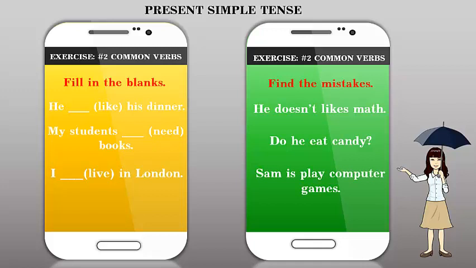For the next exercise, I want you to think of the other verbs in the present simple. Take a look at the first sentence, he blank. I want you to think of the verb like, his dinner. What do we do to the verb when the subject is he, she, or it? Remember, we add an s. He likes his dinner.